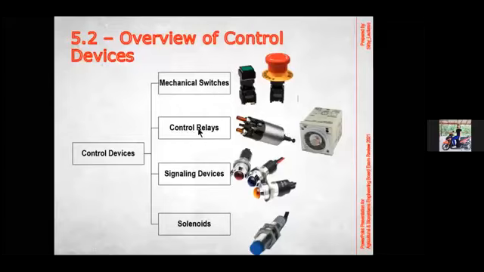Okay, so that's the control relays. And we also have signaling devices, which indicate, for example, that we have a yellow light that turns on. Then what does it mean? Is the equipment in idle condition, fault condition, or running condition? Okay, so we'll talk about that.